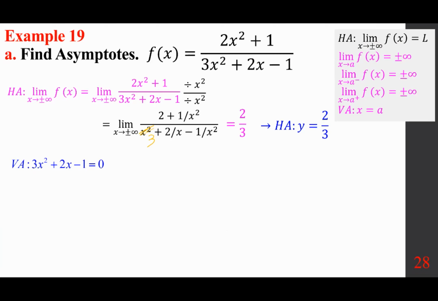It's very simple. 3 is a prime number, and negative 1 is just the product of positive 1 and negative 1. We have no choice. So it becomes fairly obvious that x is either 1/3 from the first factor or negative 1 from the second one. So there are 2 vertical asymptotes.